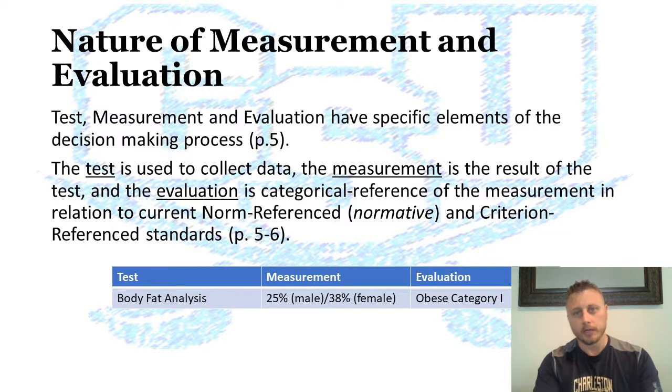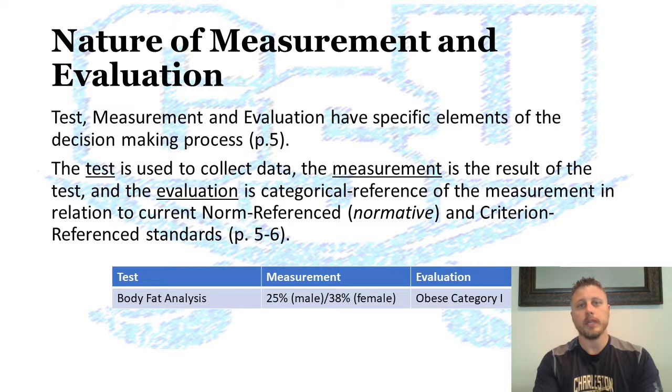And in my scenario here, I've given you the 25% for male or the 38% for female, which is where ACSM's guidelines indicate that they are in the obesity category 1 reference. So here you can see a pretty good criterion referenced example as far as having a standard or criteria to measure up against.